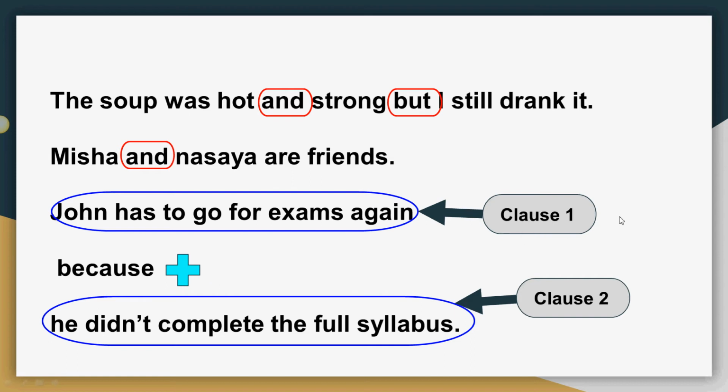It is saying that clause 1 is the result of clause 2. He didn't complete the full syllabus, so John has to go for exams again. So conjunction is basically a joining word that helps us to join two sentences together. Because is used as a conjunction here.